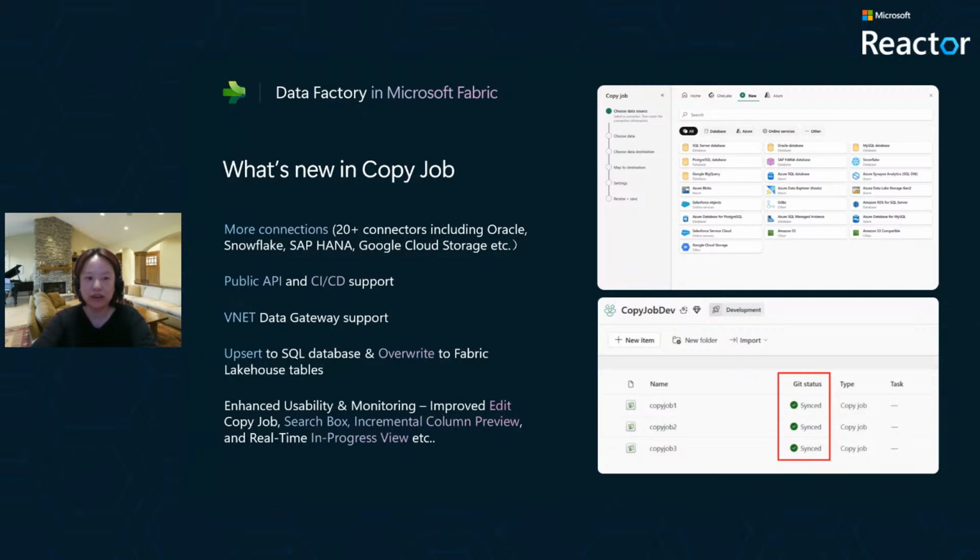We added the copy job capability, which is a very popular ask to help you customize your copy job. And we also provide the search, the incremental column preview, richer in-progress monitoring view, etc., in the copy job. Next, I would like to play a video of the copy job to give you more idea on how to easily set up a copy job to move data from different sources.